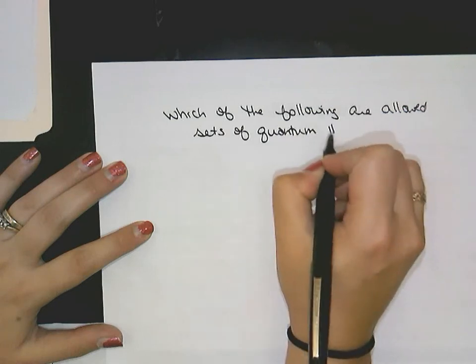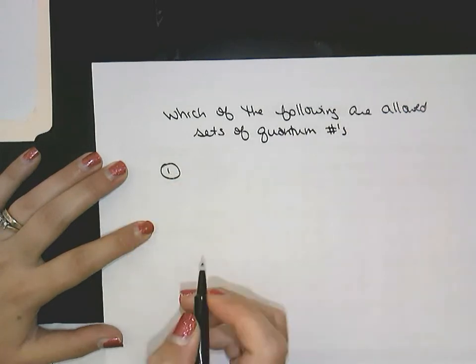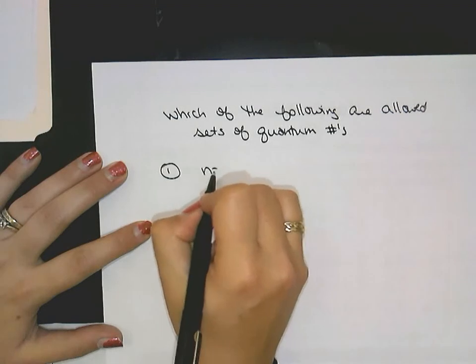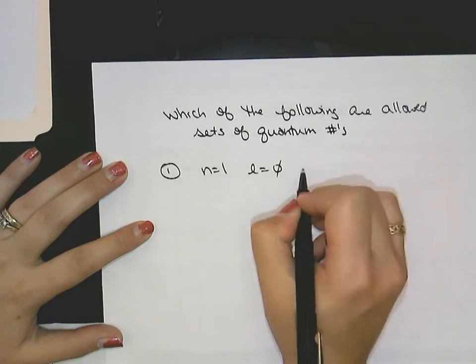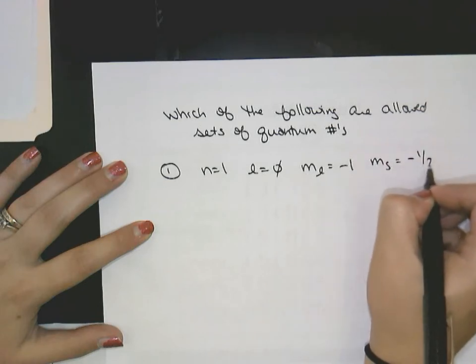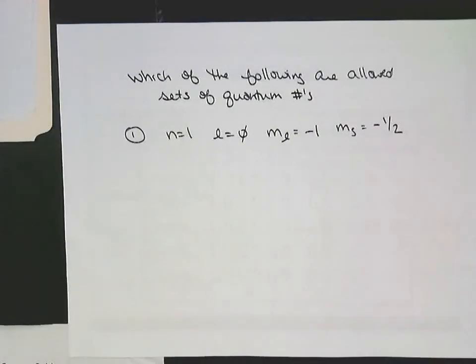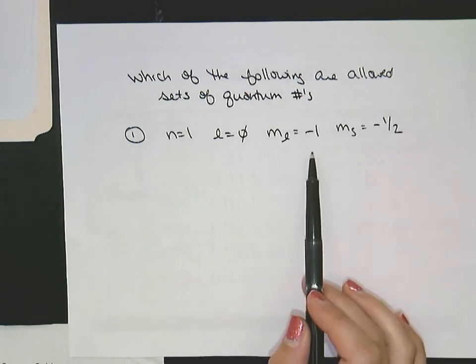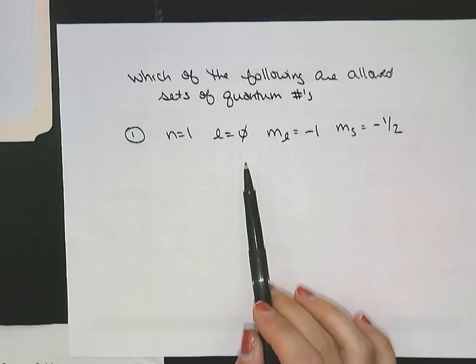Choice number 1 would be n equals 1, l equals 0, m sub l equals -1. Is that allowed? No, what's wrong? Yeah, this guy's not right. You can't have an m sub l greater than l. Okay, so that's a no.